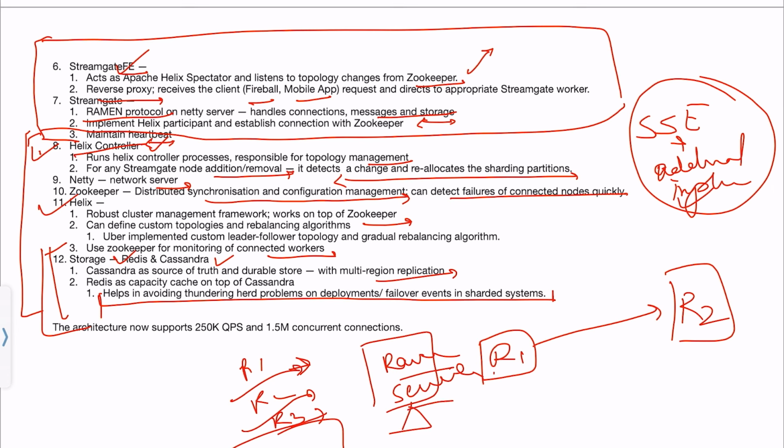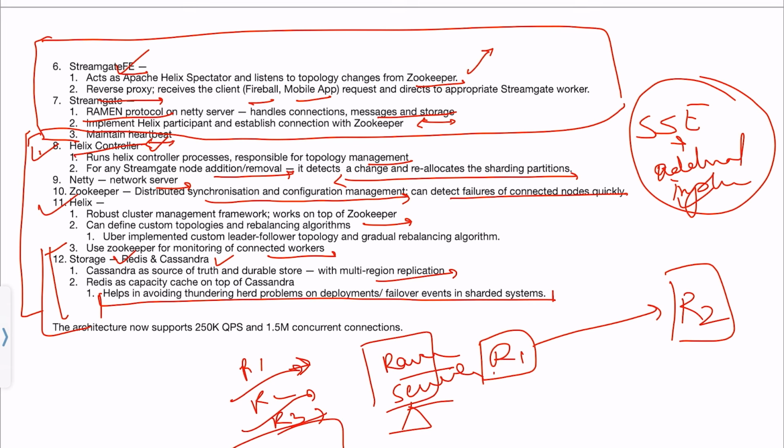So the requests are resolved via the caching mechanism, and you are not hitting your Cassandra, or your durable store. You are using Redis as a capacity cache on top of your data store. I'm hoping I didn't make it more confusing, but the idea is simple: you are using Redis as a cache so that you reduce the duplicate traffic on your storage.